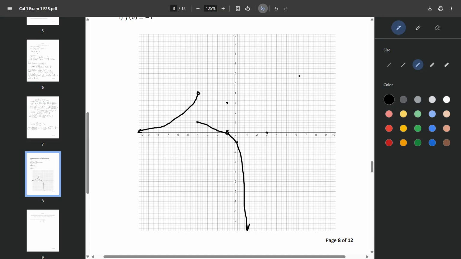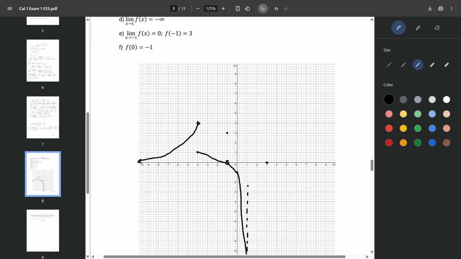So let me redraw that just so it looks a bit nice. And we're gonna have a vertical asymptote at x equals 1 because of what seems to be an infinite discontinuity.